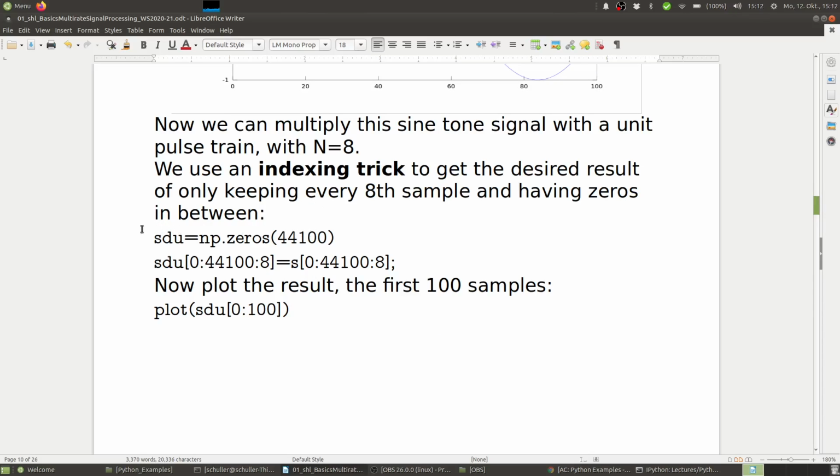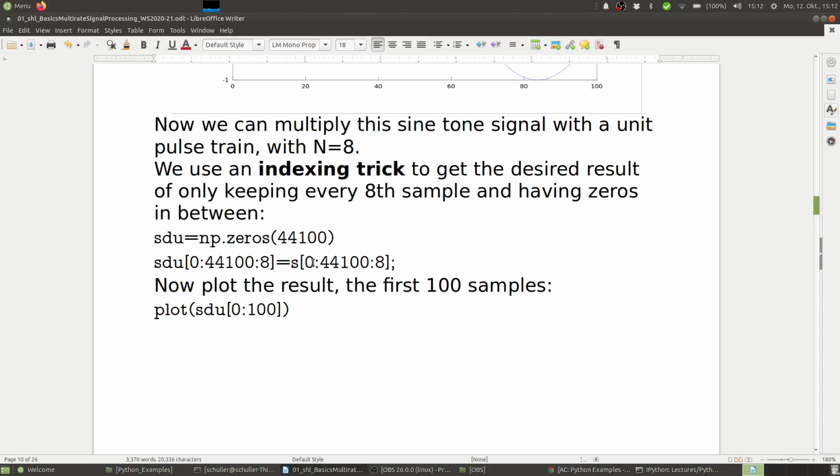We initialize an array with zeros for 1 second. And then we assign only every 8th sample by including this step size 8 here. So we start from 0 going up to 4100 and only address every 8th entry, every 8th index. So we have index 0, 8 and so on.